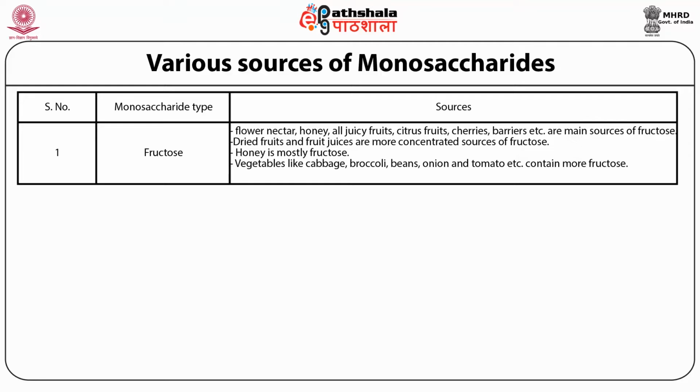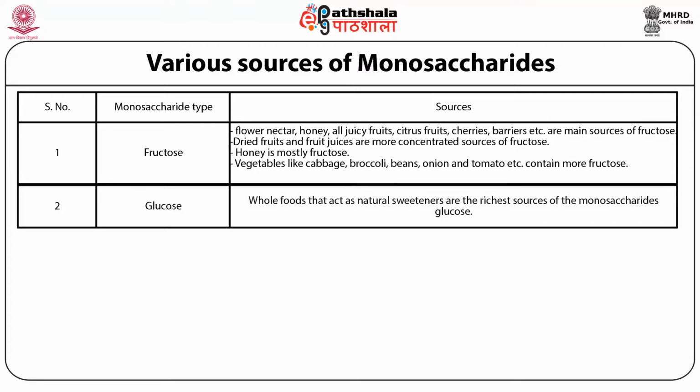And when we talk about glucose, which is present in whole foods, and serves as a sweetener, the richest source of monosaccharides is whole grains, or basically our whole food is composed of glucose. And let's talk about D-galactose.